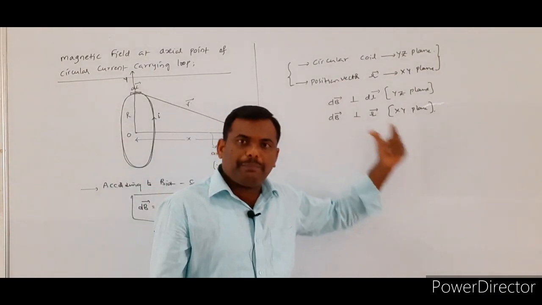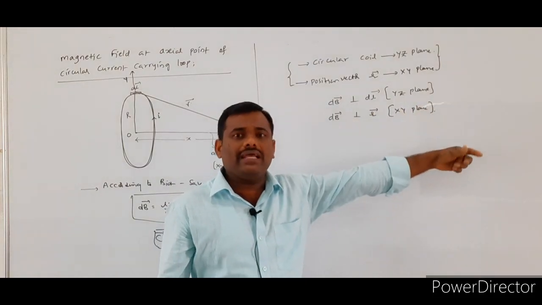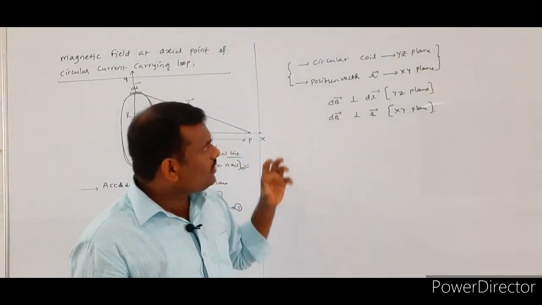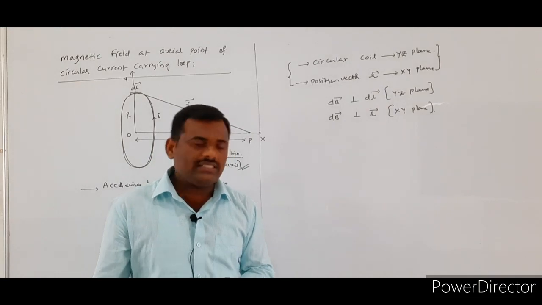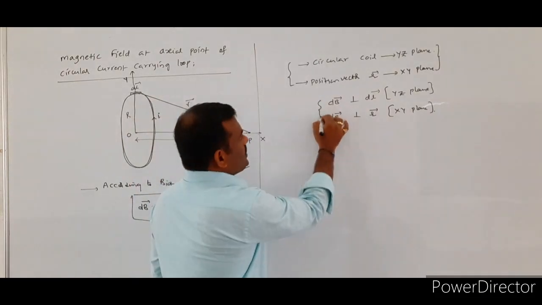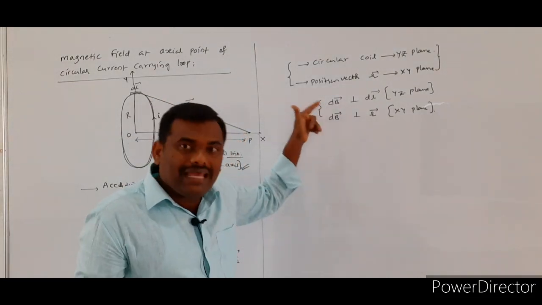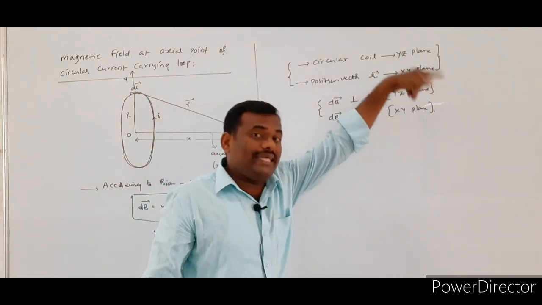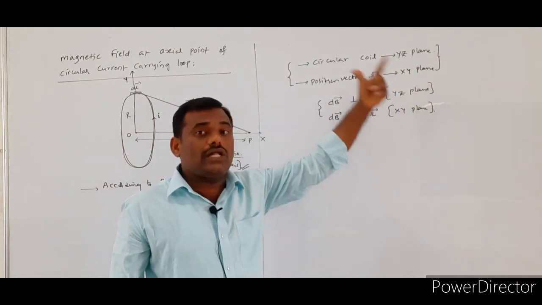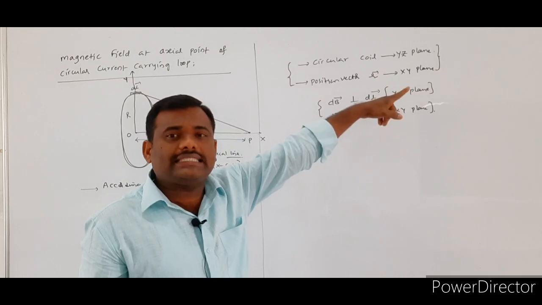will be perpendicular to the XY plane. So from these two conditions, the dB bar plane will be perpendicular to YZ plane, as well as it is also perpendicular to the XY plane.